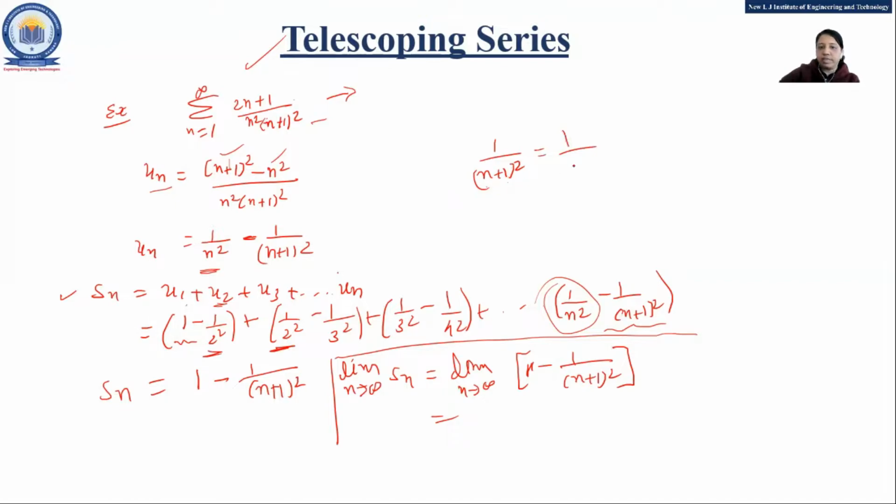That is infinity, and infinity square is also infinity. We know that 1 upon infinity is 0, so this term would be 0. 1 is a constant, so it stays as it is. This is a finite term. So we can write that our series is convergent.